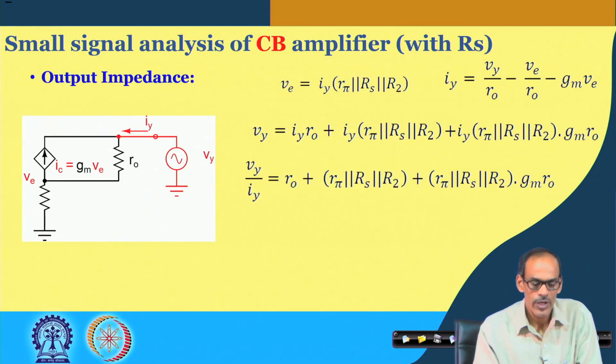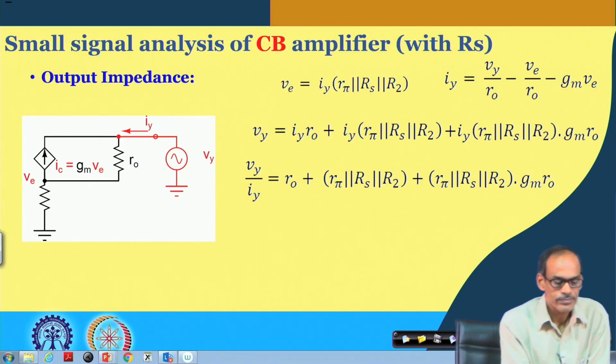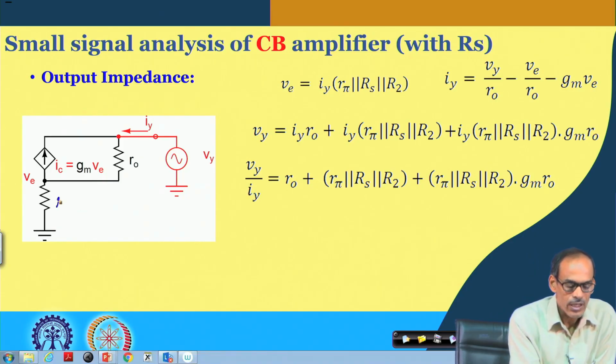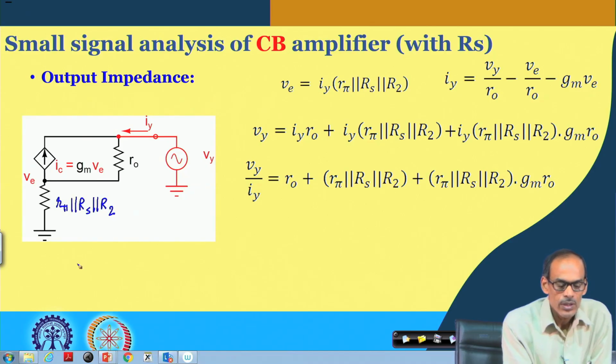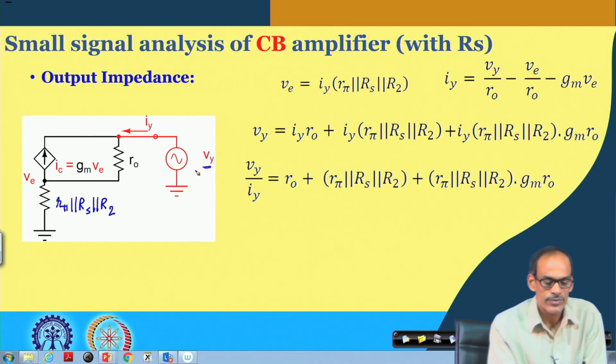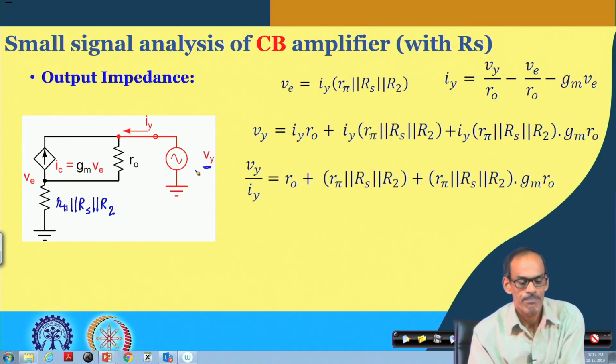So, you have the circuit copied here, and this is R pi in parallel with R s in parallel with R 2. Now, how do we find the relationship of this V y and I y?